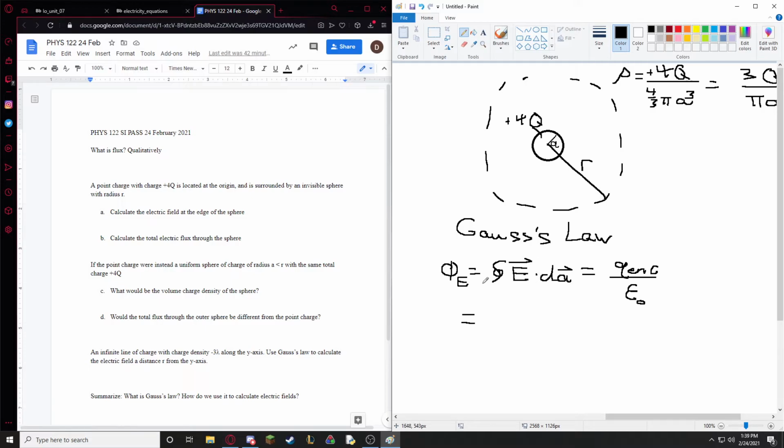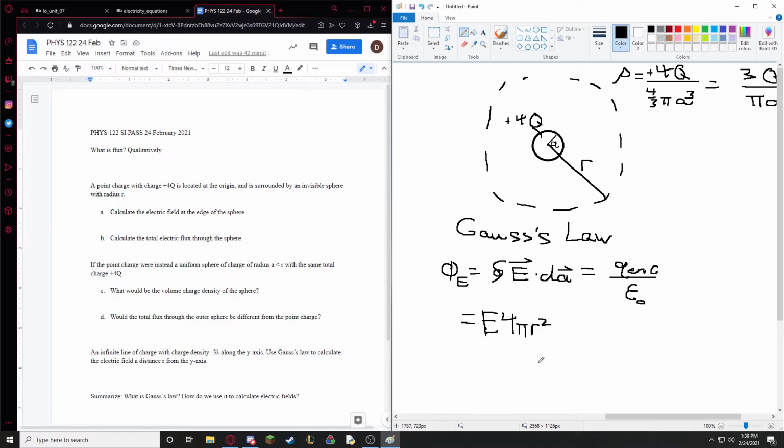The E comes out, and it becomes E times the area of our sphere. The area of the sphere, from earlier, has a 4 pi in it: 4 pi r squared.